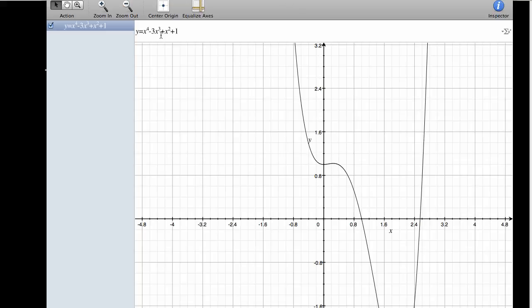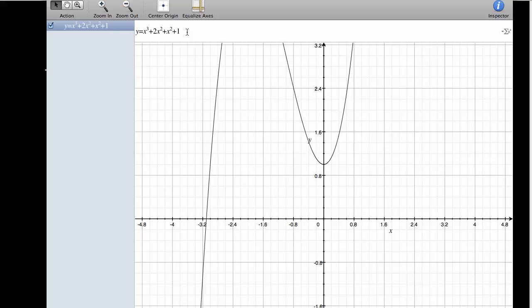Let me do one more example. Let me make this x cubed, make this x squared, make this plus 2, and here we have a plus 1. So what value of y do you think it's going to go through when x equals 0?